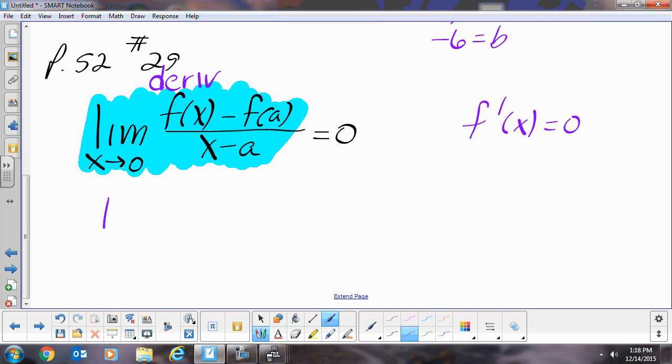Well, now they're saying that the limit as, oh wait a minute, this should be a. As x approaches a of f of x does not exist. So that limit is saying that there is no y value. Is that correct? What is a limit? What are the y values doing as x approaches a certain number? How do we know that's not a derivative in purple?